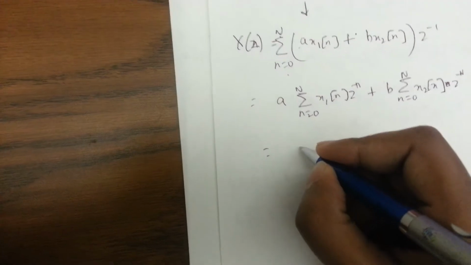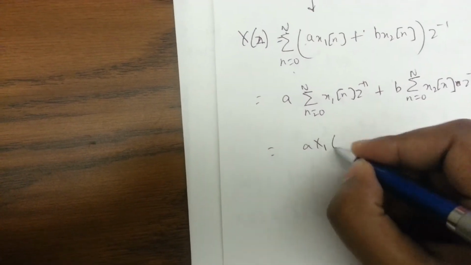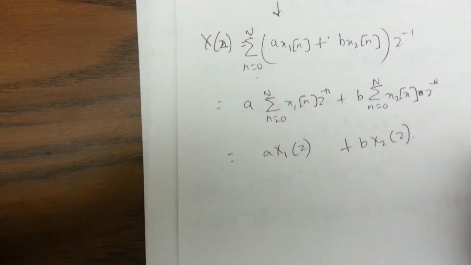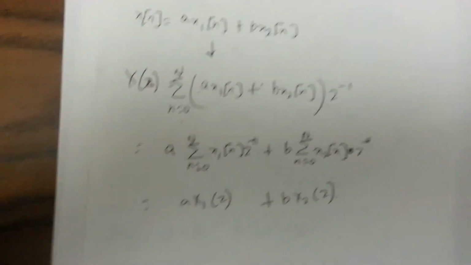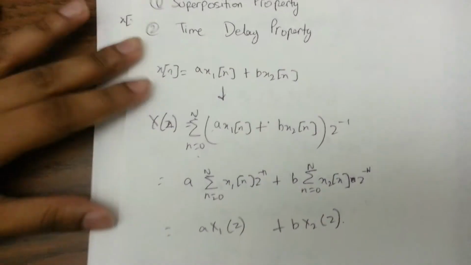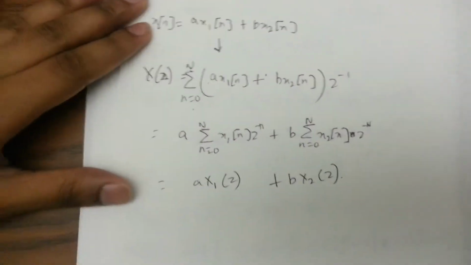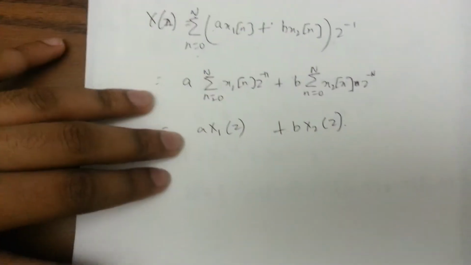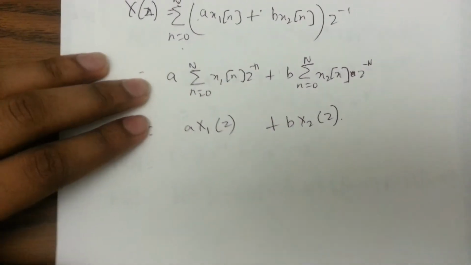So this is really just a X1 of z plus b X2 of z. So basically that's what the first property, the superposition property, says. Even if a signal is made up of multiple signals, that can still be translated into the z domain, and even in the z domain it will be made up of multiple signals.